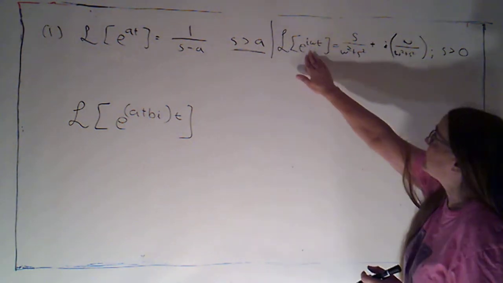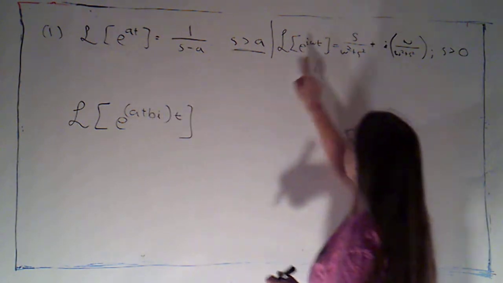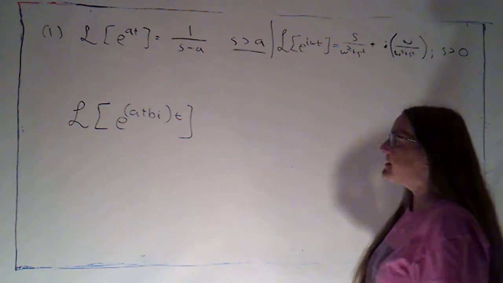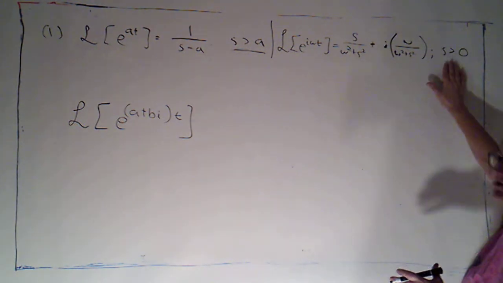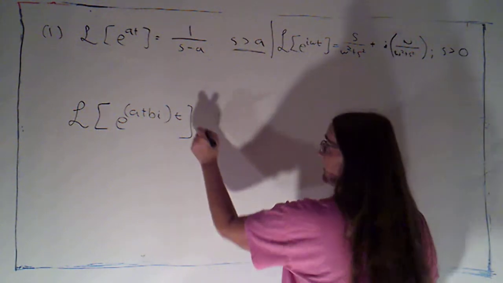In this particular case, we simply have that a was 0 and b was omega. Okay? And hopefully we'll be able to confirm that the restriction here is that s would have to be bigger than or equal to 0. Sorry, strictly bigger than 0.